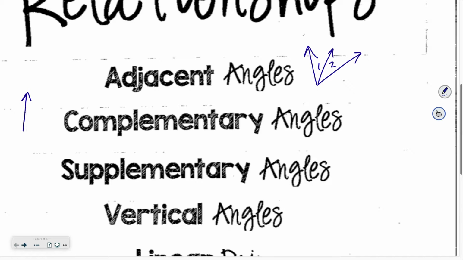They can be adjacent and look like this, and we can have a 30 and a 60. That's one option. But we can also have 2 angles that are not adjacent, like a 40 and a 50, and those are complementary angles, but they are not adjacent.